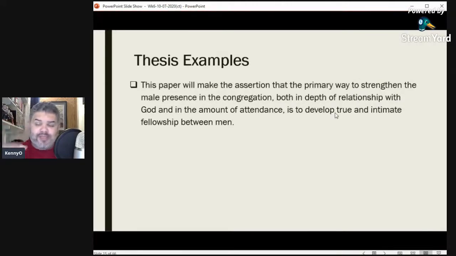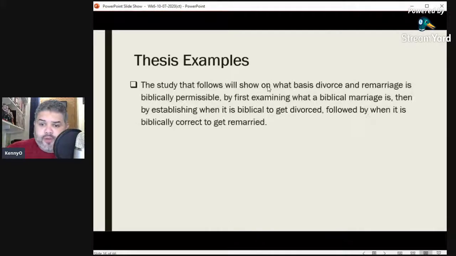The paper quickly defines each of these terms, and then gave the evidences for why we would want male strength in our churches, and then it gives the evidences for how intimate fellowship fosters male strength. And he gave various pieces of information from the Bible and from the world of psychology and from church history. So this was a really good paper. I think this was also an A- paper. It was really good.